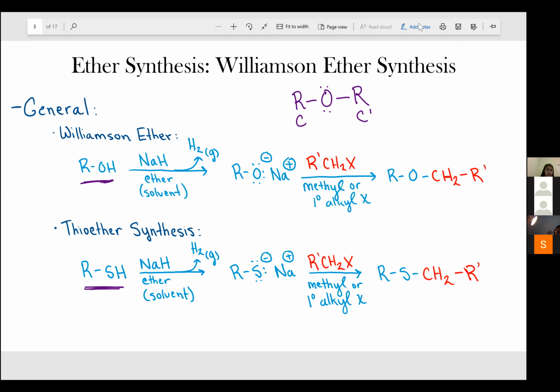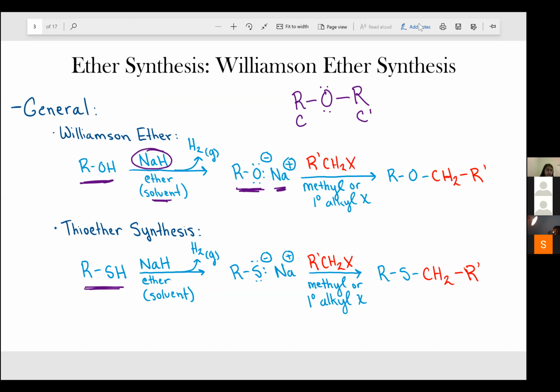So we're going to start off with the alcohol, and then we're going to treat it with sodium hydride, which is going to be a really strong base. And then we're going to use an ether solvent. And all that's going to do is deprotonate this alcohol and form this alkoxide with the spectator ion sodium.